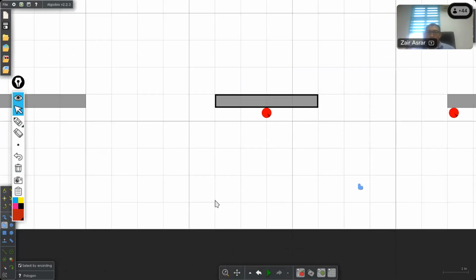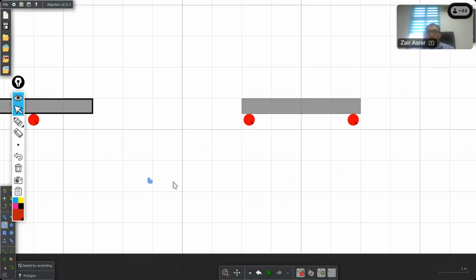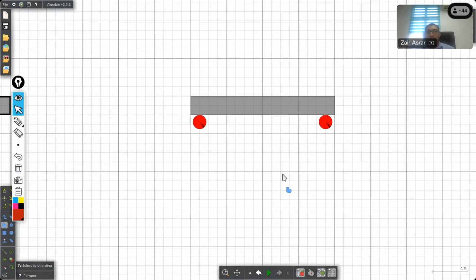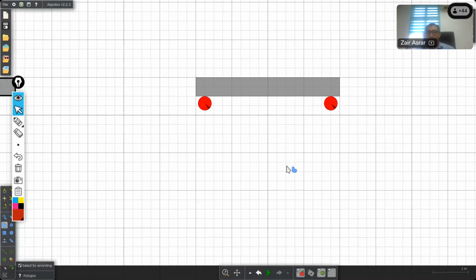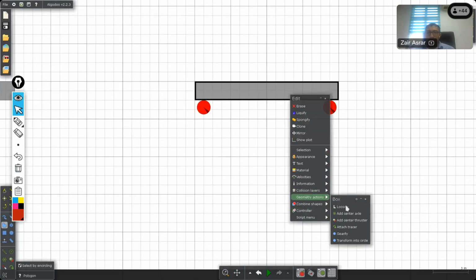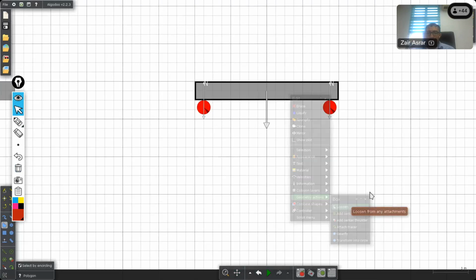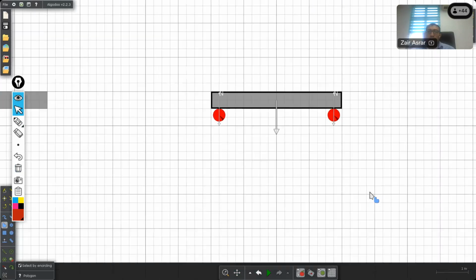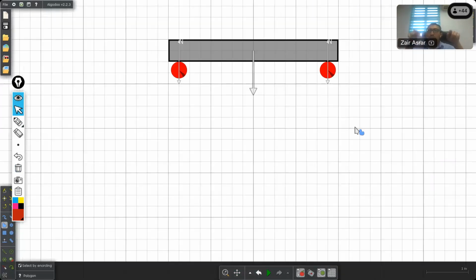Let me switch this back. Now, if I have the same rod again, but now I'm supporting the bar at both ends. So we have two supports here. What do you think will happen?